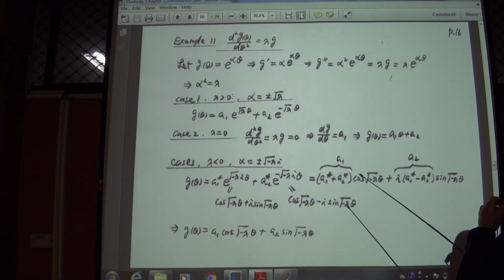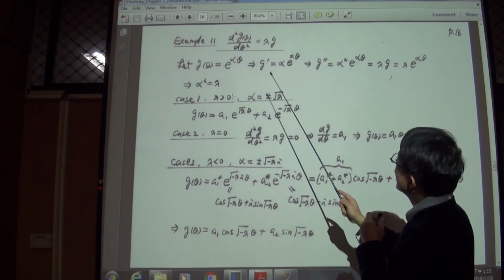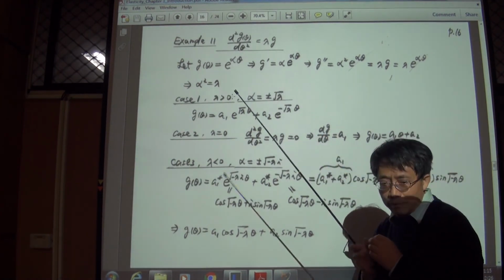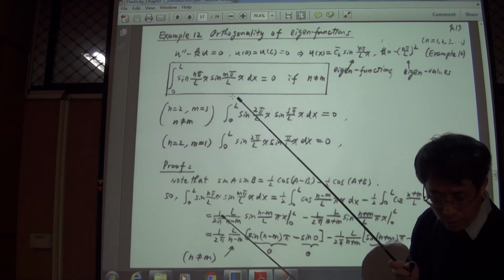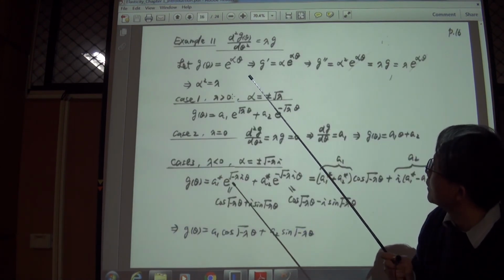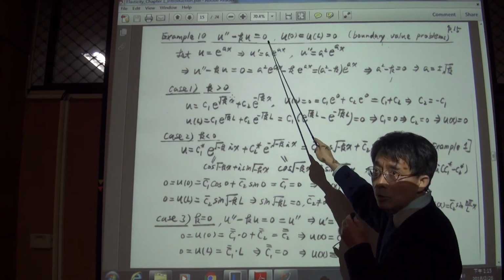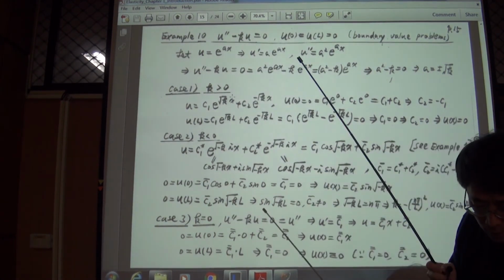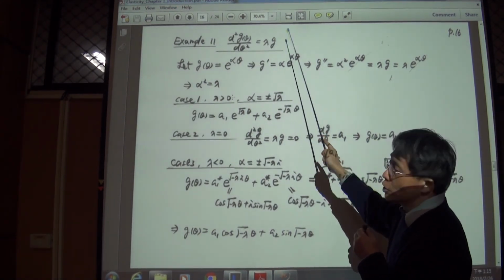And in example 11, we talk about this equation, but it is just the same as the equation before. See, u double prime equals k u; here g double prime equals lambda g.